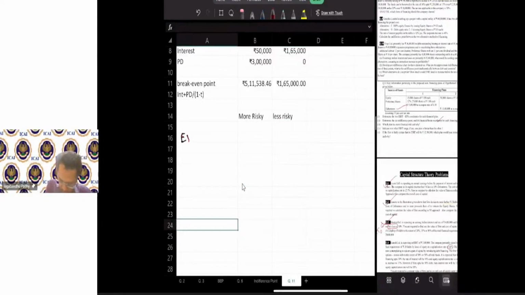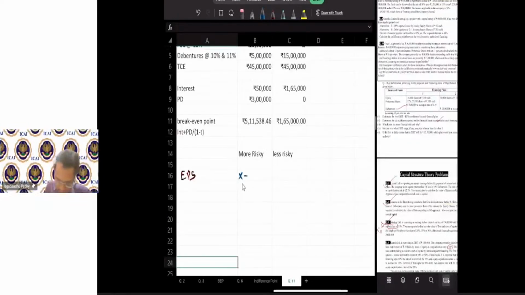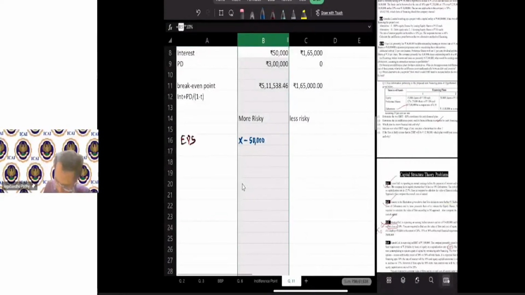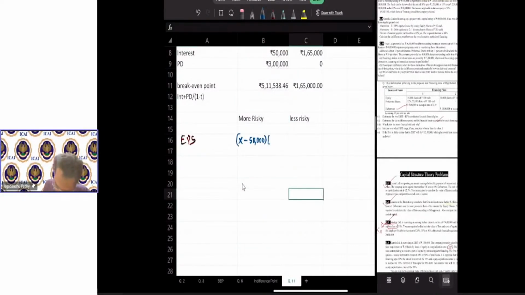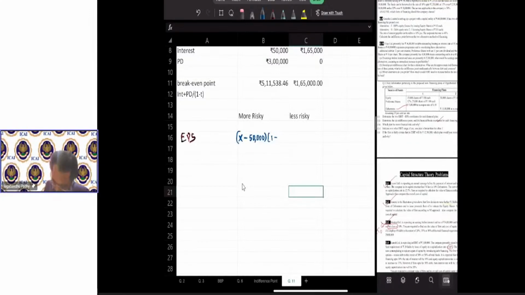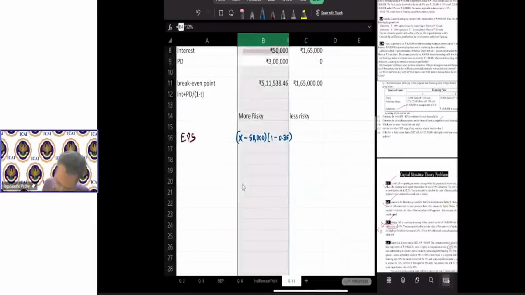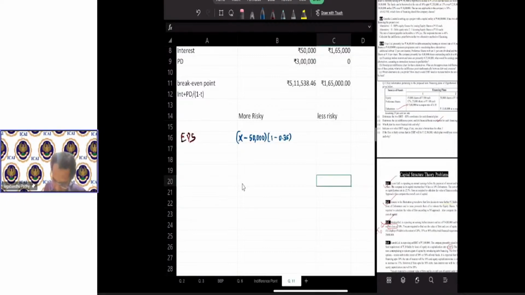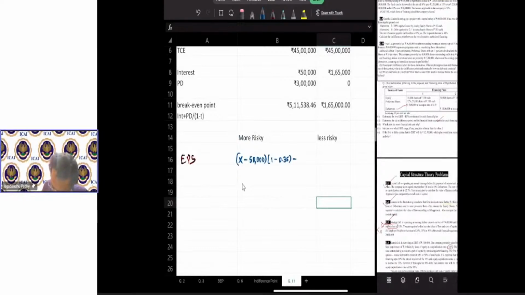EPS will be X minus interest of 50,000, into 1 minus tax rate of 35%, that is 1 minus 0.35, minus preference dividend of 3 lakh, divided by the number of shares.